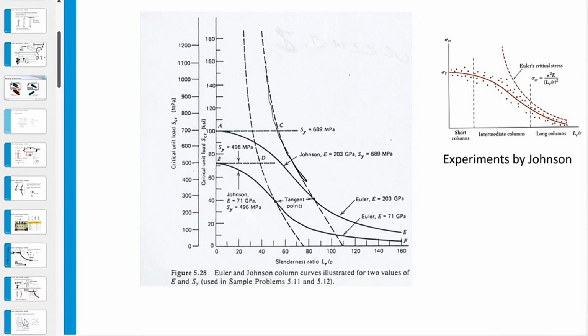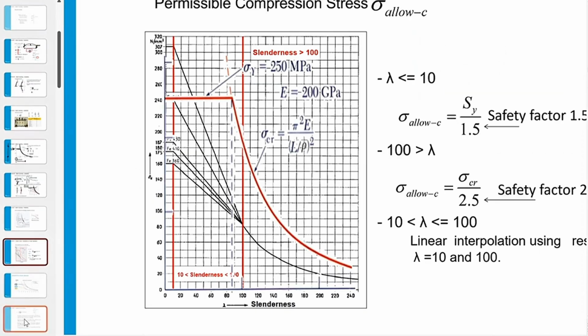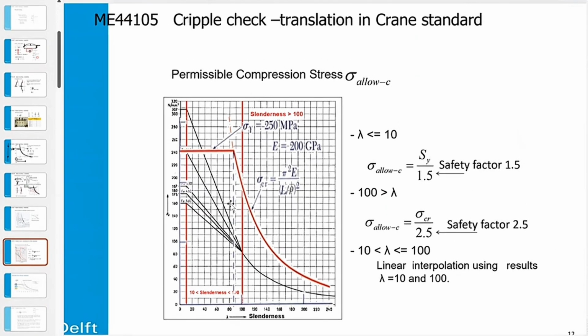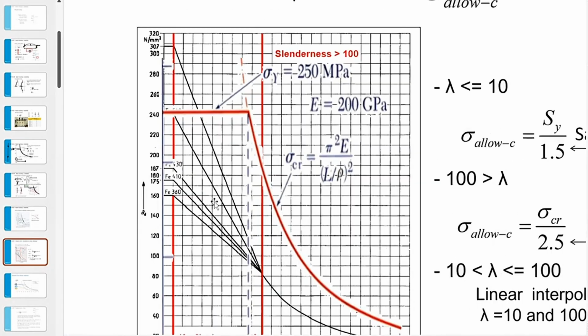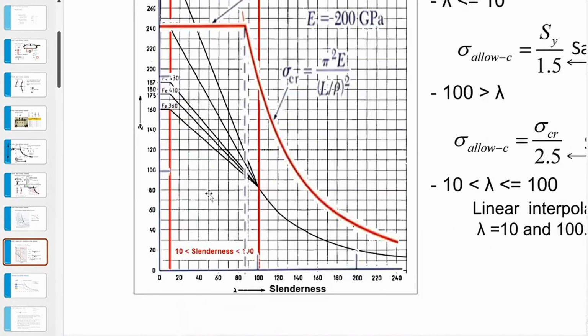How does this affect our checks? For my students, we use a simple approach. We have the yield limit, so that is this one.